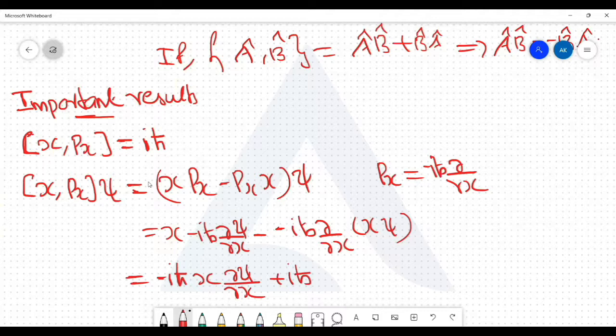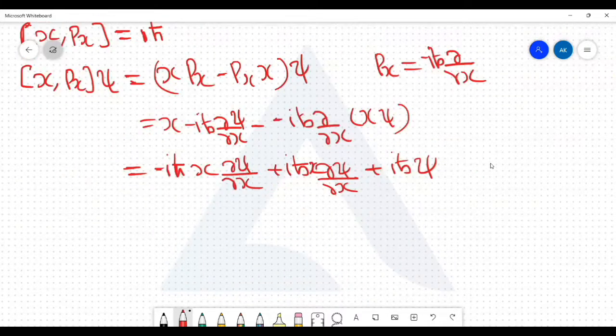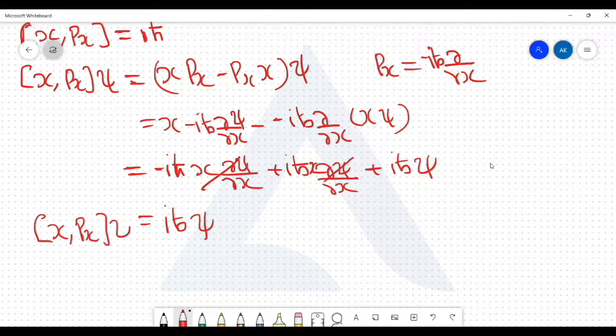So you have to apply the product rule. The derivative of x times ∂ψ/∂x, then the next one is iħ, and the derivative of x is simply 1. Therefore iħψ. If you look, the first two terms cancel each other and you are left with iħψ. Comparing the left and right hand sides, [x,px]ψ equals iħψ, which simply implies [x,px] equals iħ.